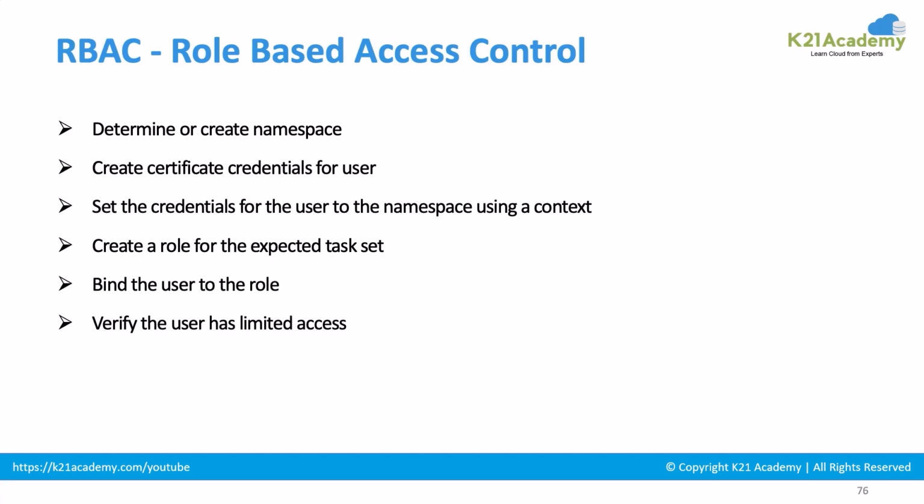So I'll create a namespace for the dev team and I'll assign Dan to the dev namespace. I'll create credentials for that particular user, and set the credentials and that namespace for using that particular user context. Then the user is allowed inside that namespace, but what actions can Dan do?